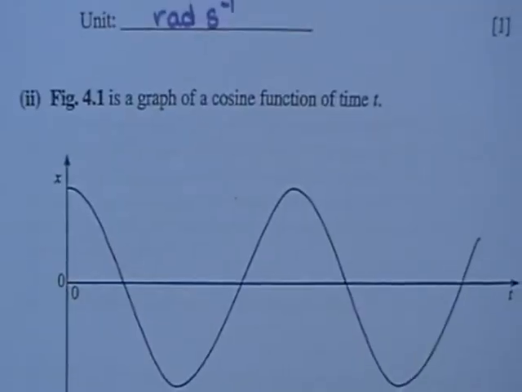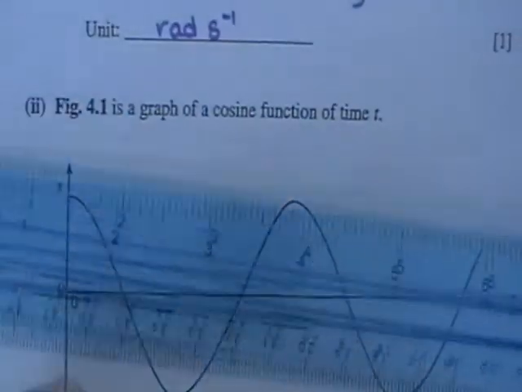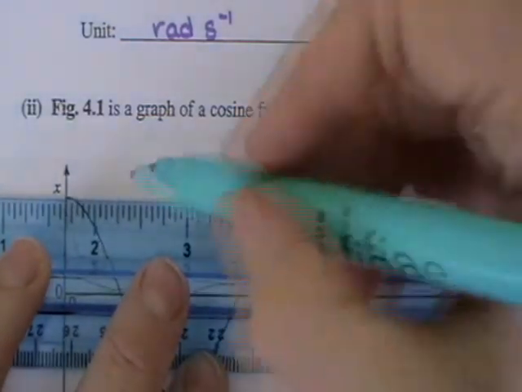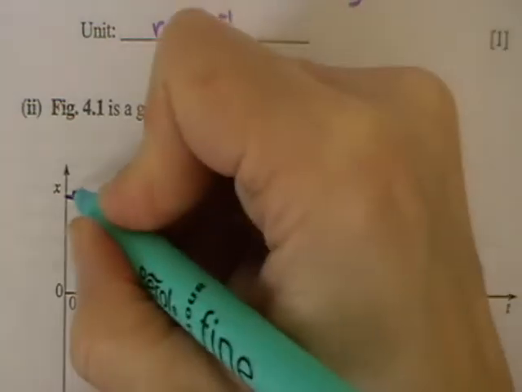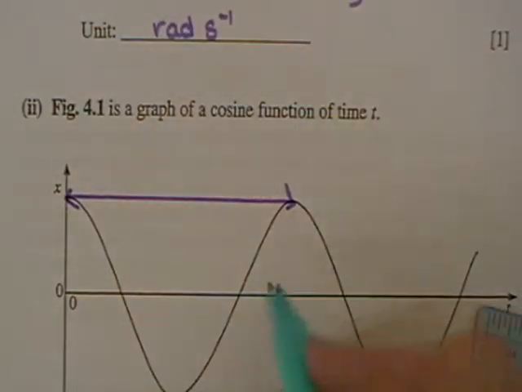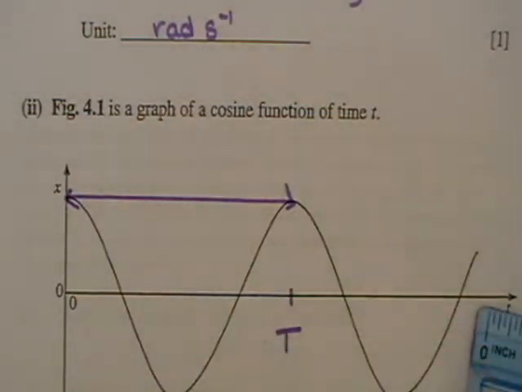And therefore T is going to be the length of time taken between, say, one peak and the next. And so we're going to read that value of T from the graph, and that's the time period of the oscillation.